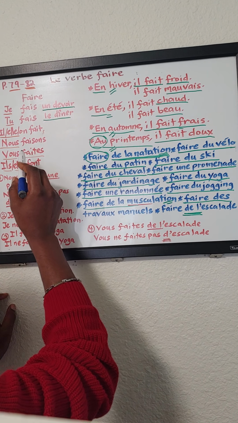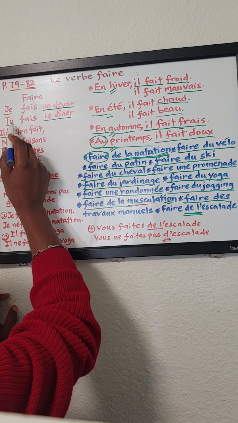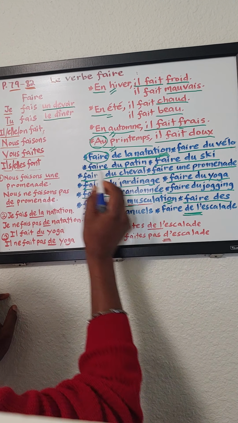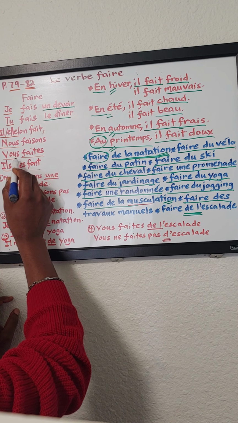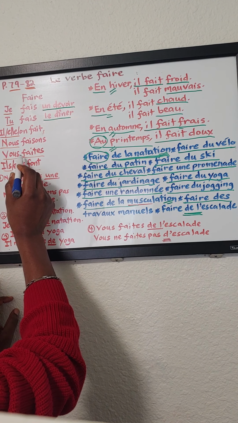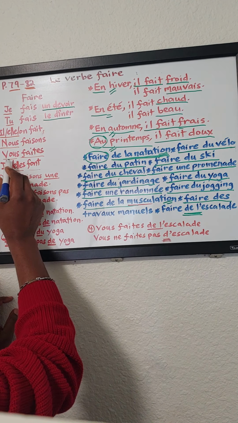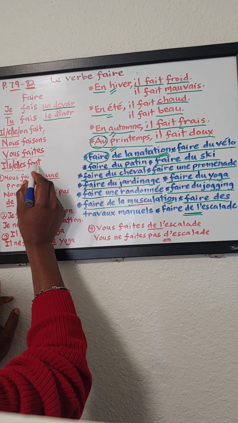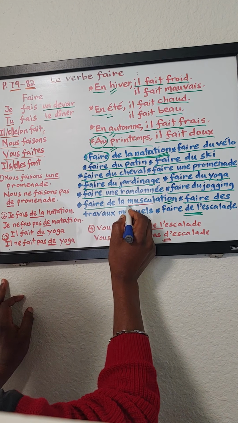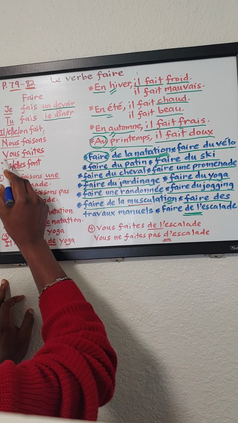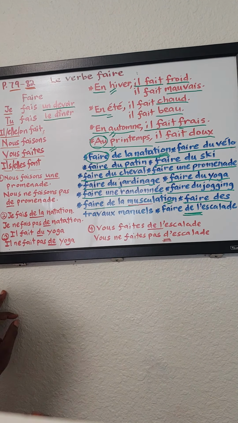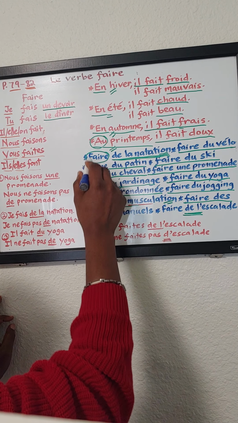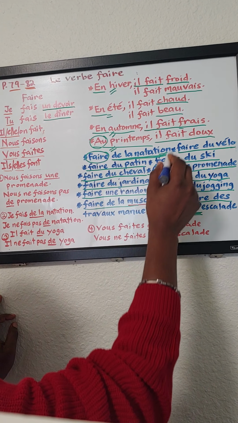To say I'm going biking, you will say je fais du vélo. You all are going to lift weight, then you will say vous faites de la muscu, or vous faites de la musculation. So you conjugate the faire part, right?